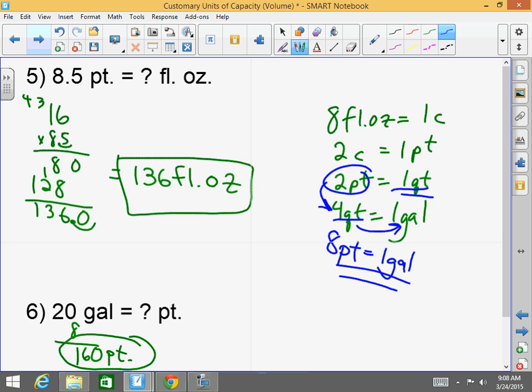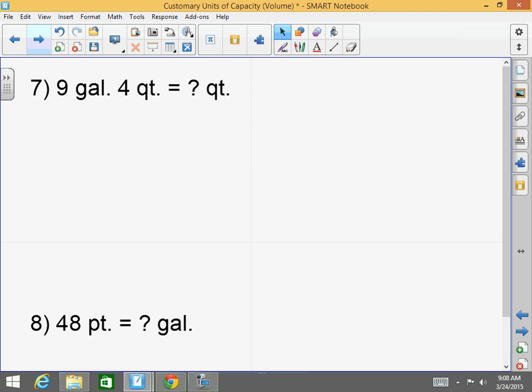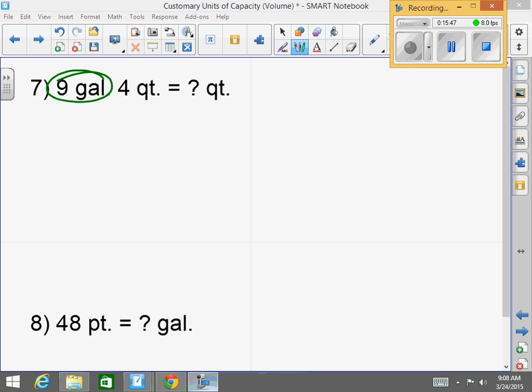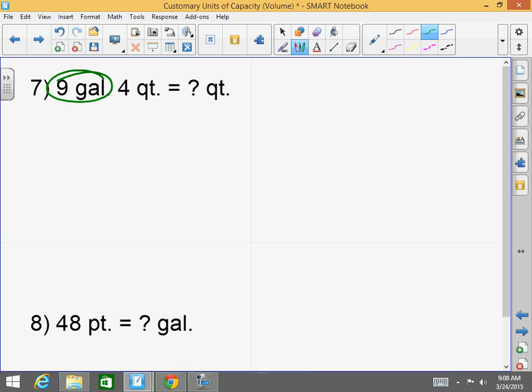How about this? Let's do another extra one. How about 9 gallons, 4 quarts equals how many quarts? Okay. I've got to convert this 9 gallons into quarts. So, I want to go from gallons to quarts.